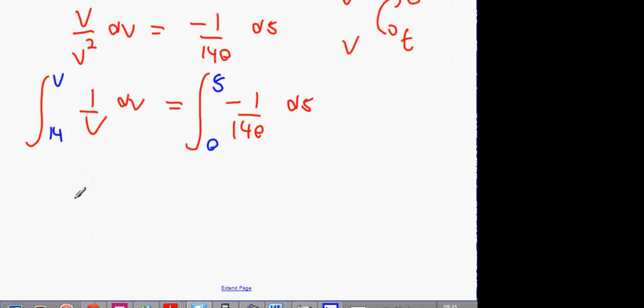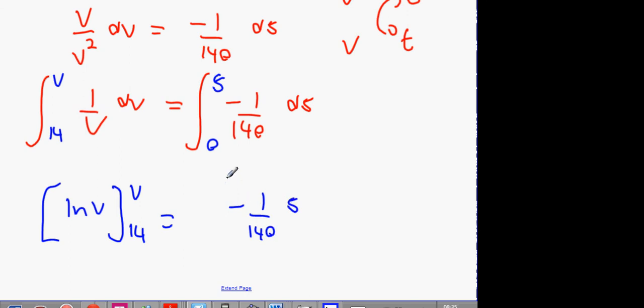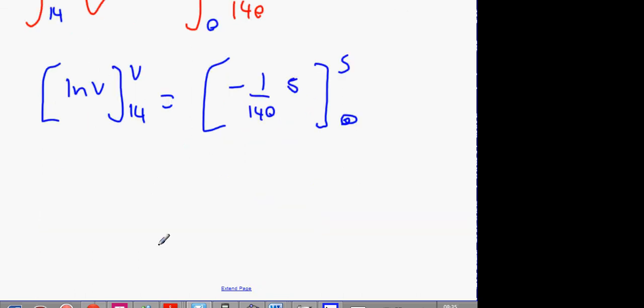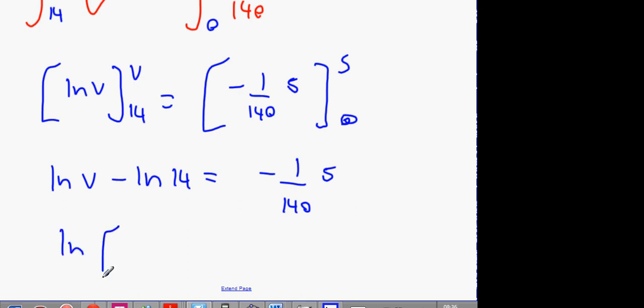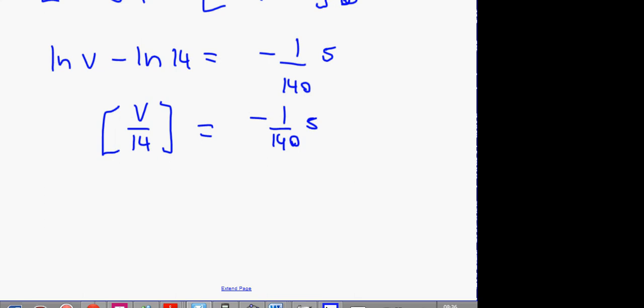When you integrate 1 over V, we get ln V. So ln V from 14 to V equals minus 1 over 140 S, from 0 to S. What we're going to get is ln V minus ln 14 equals minus 1 over 140 S. So ln of V over 14 equals minus 1 over 140 S. Change ln to log to the base e, same thing.